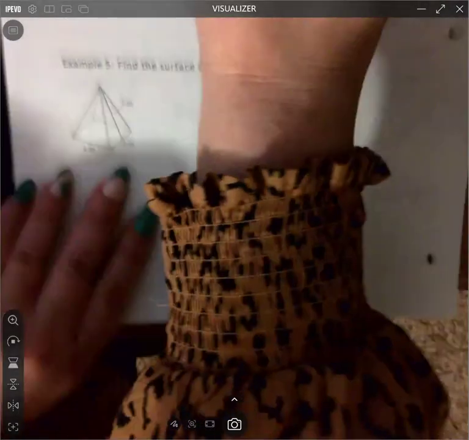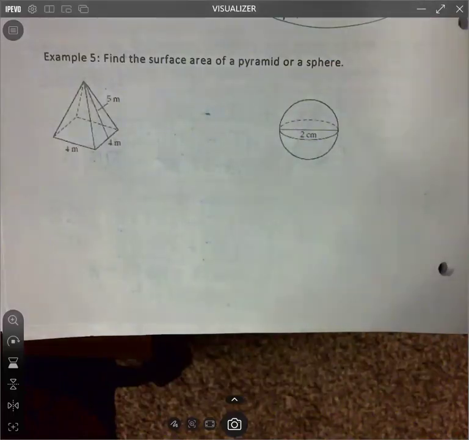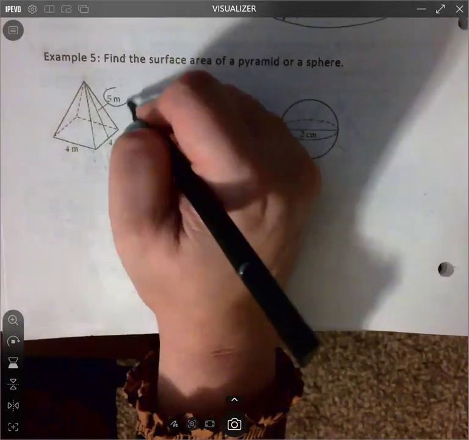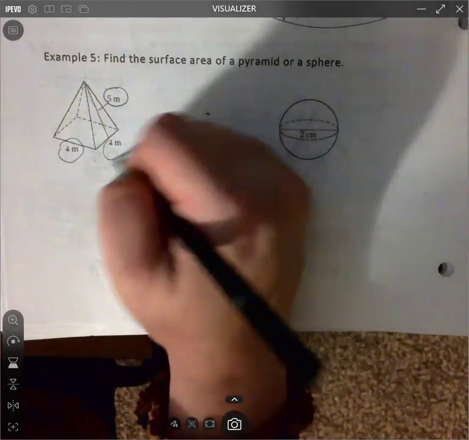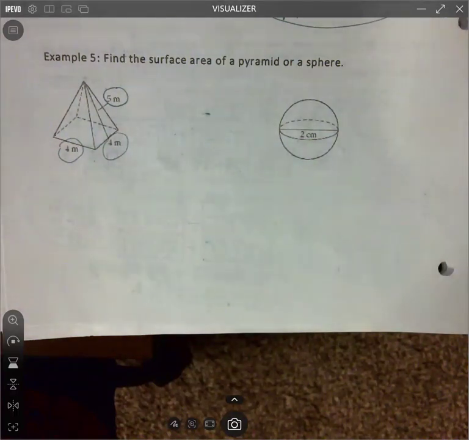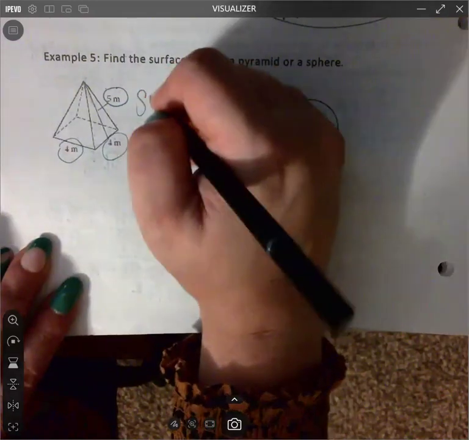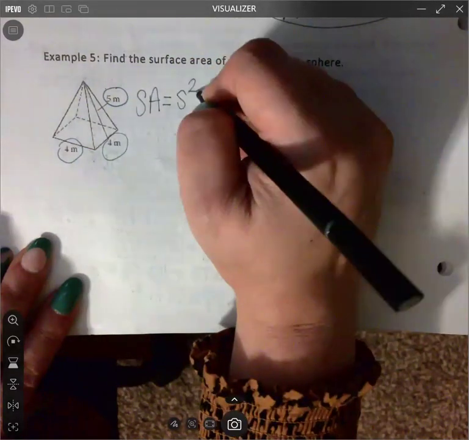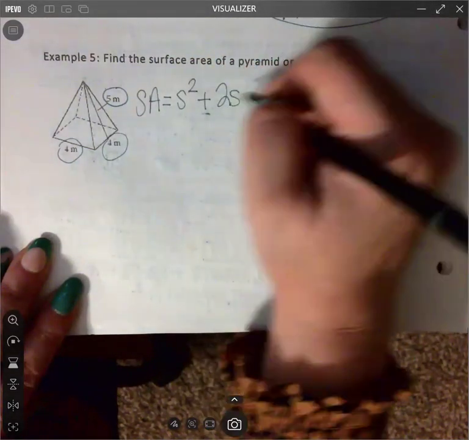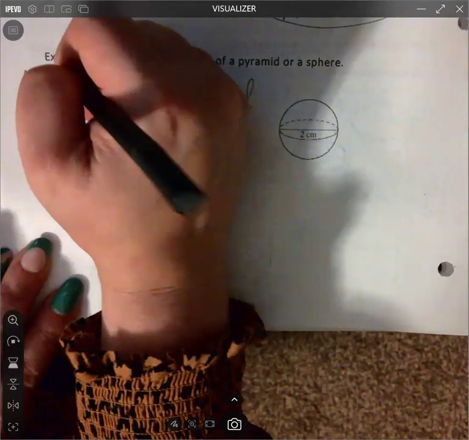All right, and then at the bottom here, I have surface area of those same 2 shapes. Again, we're going to be using the slant height. Notice that is labeled here in my diagram as 5. And the base of my pyramid is a square, and they are S's for the side lengths. Surface area of my pyramid is S squared plus 2SL. And remember that weird L is the slant height.